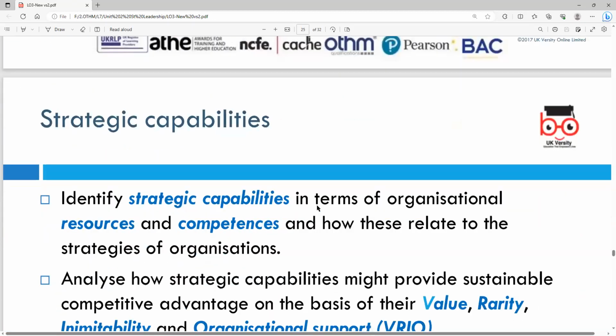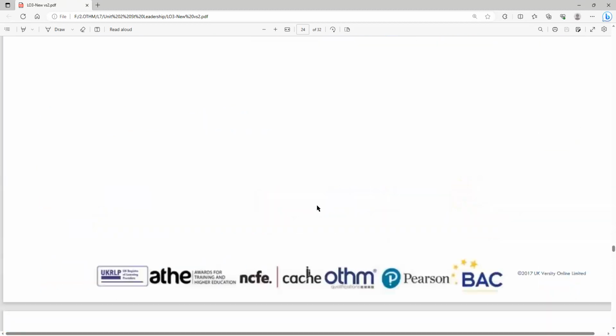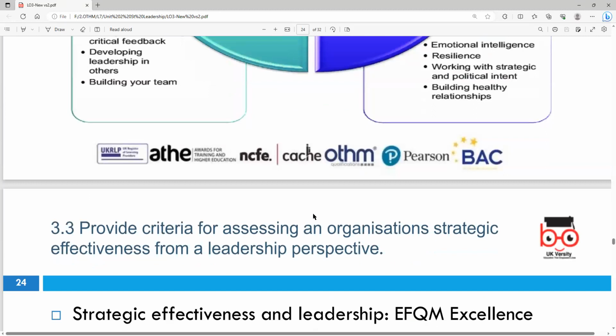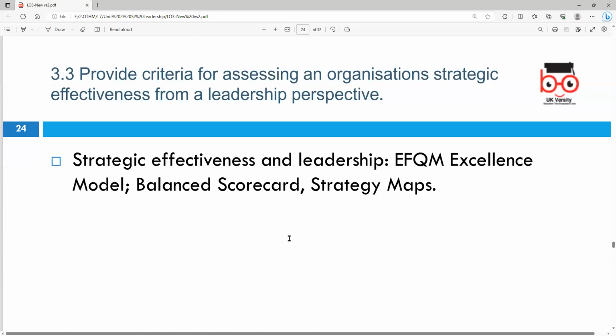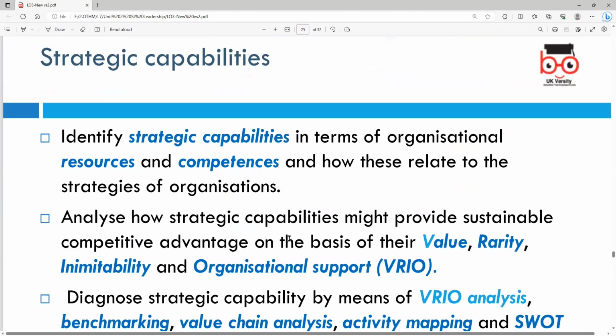So, for example, strategic capabilities is one way we can provide a criteria for assessing an organization's strategic effectiveness. Now this is to look at the different strategic capabilities in terms of organizational resources and competencies, and how they relate to the strategies of the organization.